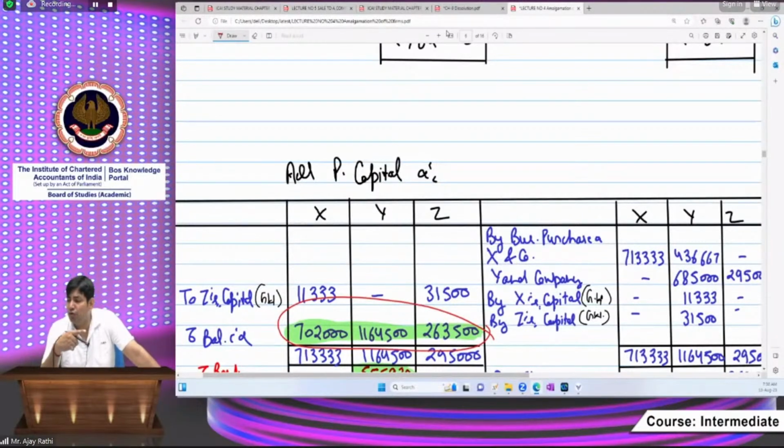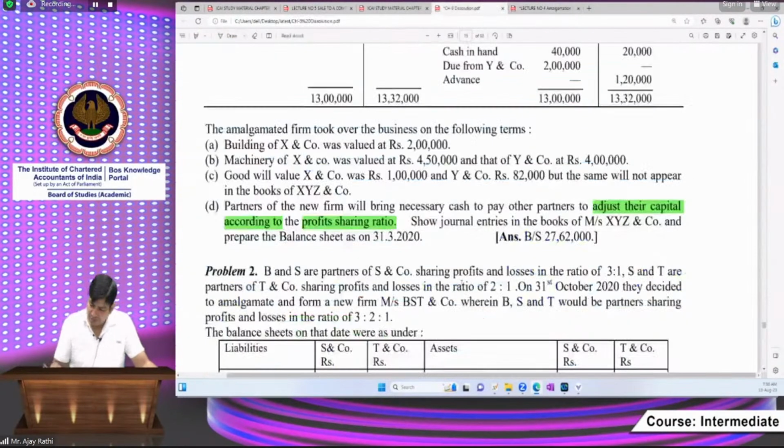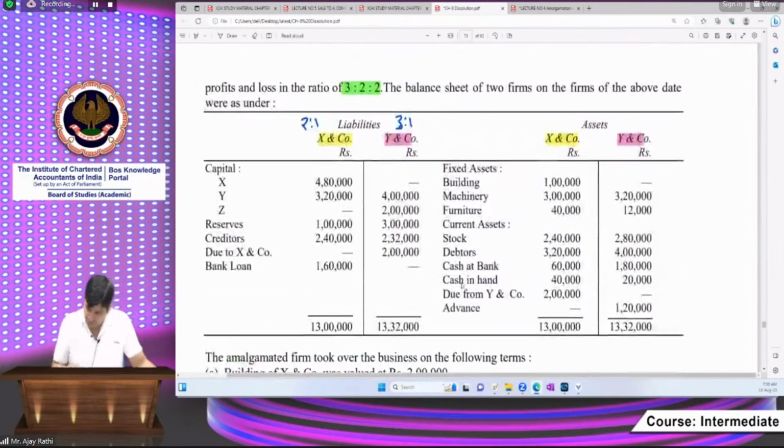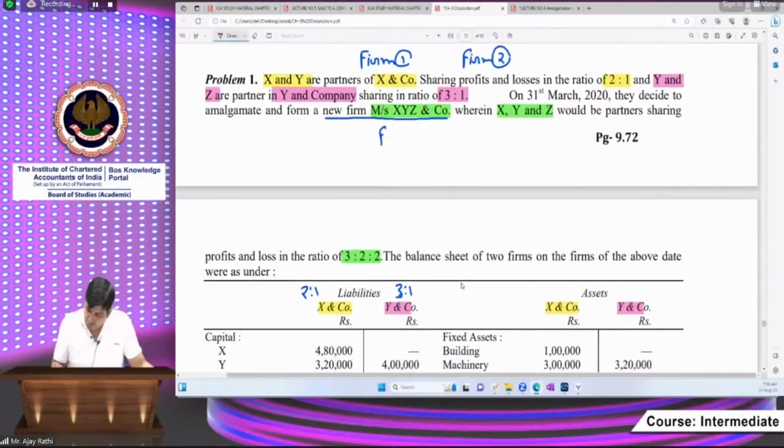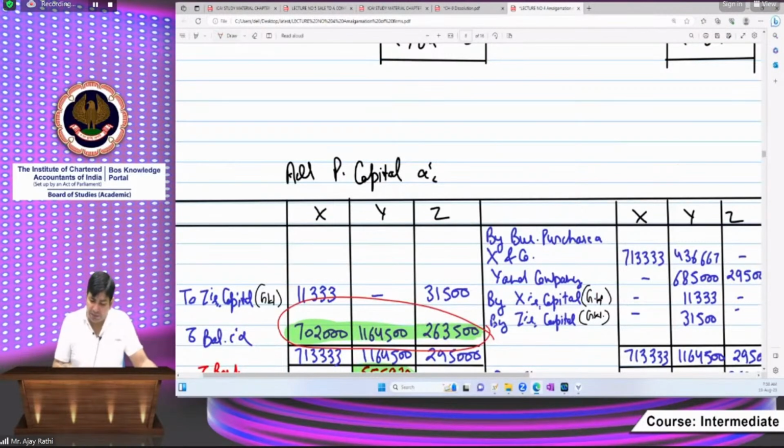So we have to total 7,02,000, 11,64,500, 2,63,500. So what we did, total, and what the ratio is there in the books of new firm, that is 3:2:2. Can you please tell me the total, everyone?